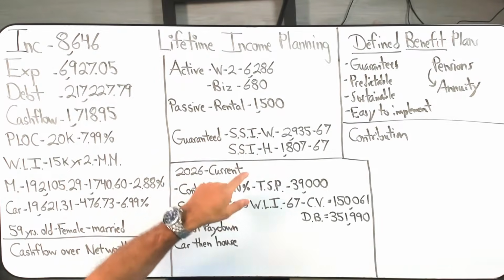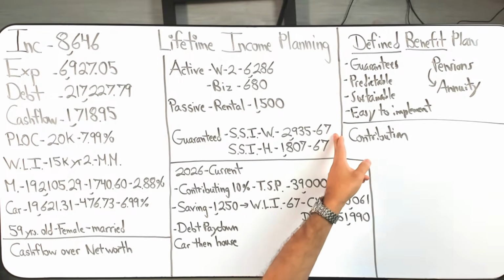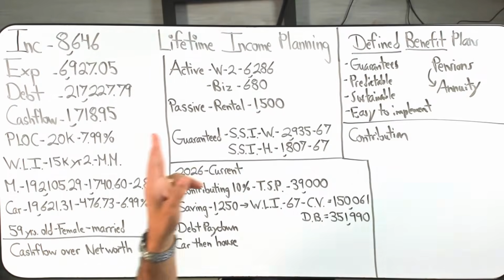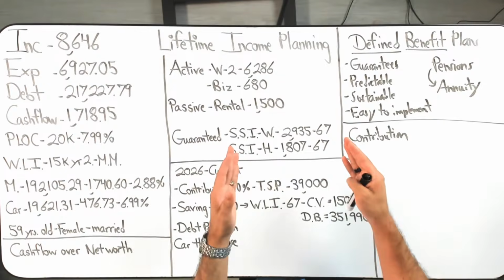Between husband and wife, they have Social Security. These are the numbers when they hit 67 years old. We're currently 59. We are planning to retire.